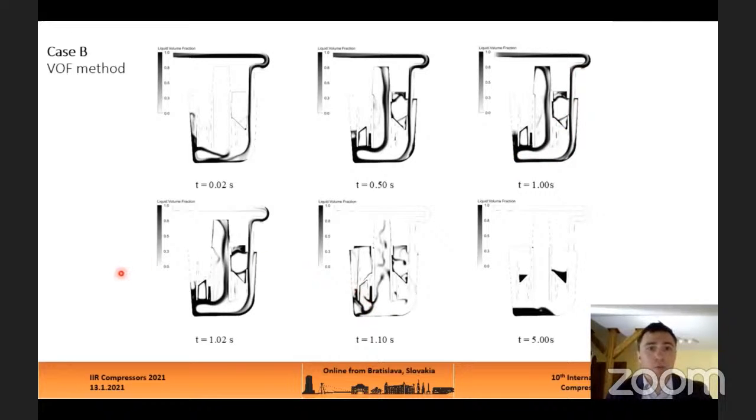The duration of the liquid injection is also set to 1 second, and after this second the liquid is escaping very quickly out of the suction muffler, but still we have some amount of liquid trapped inside the domain till the end of the simulation.